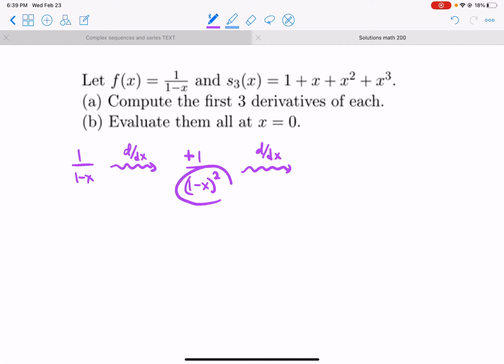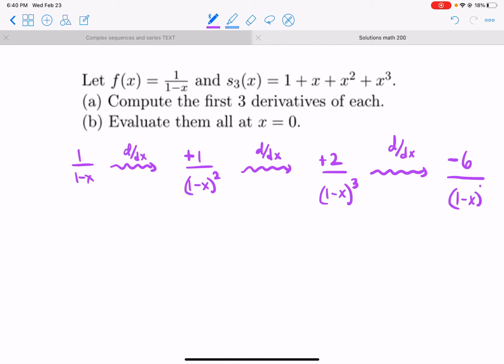So here I'm going to get a minus 2 over, now this becomes over to the third, and then the chain rule gives me another minus sign, which turns this into a plus. Take the derivative yet again, I get a minus 3. A minus 3 is going to come up here and hit the 2. And then the chain rule brings another minus sign, which gives me a plus.